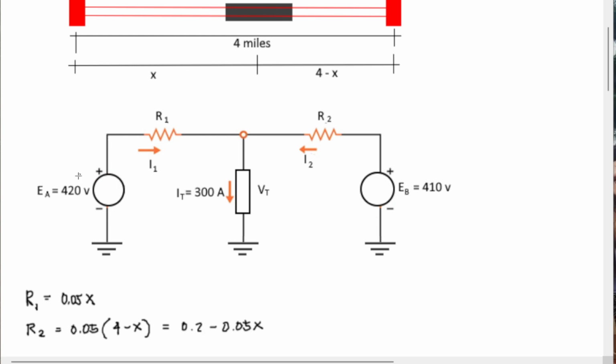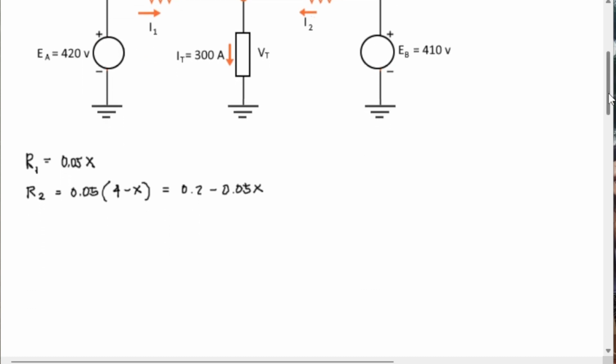The potential here is 420 volts, and the potential at this other point is VT. Therefore, I1 is equal to EA, 420, minus VT, divided by the resistance R1, 0.05X.